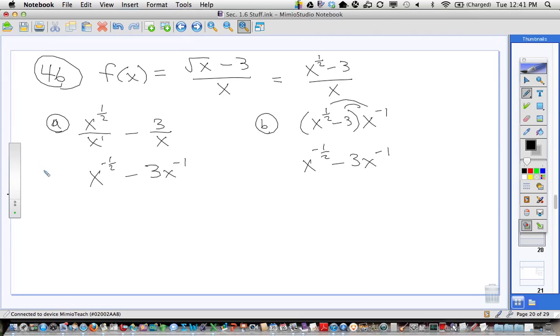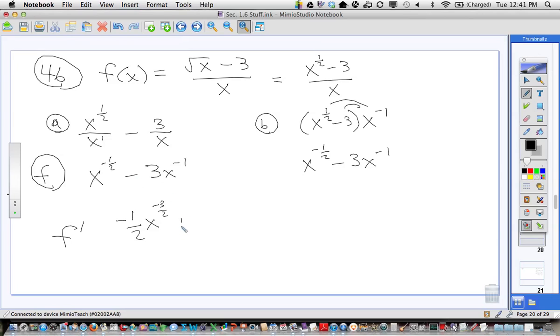Now remember, we haven't done a thing with this yet except algebra. We're still on the f function, right? Now we're ready to do the derivative. So we bring the -1/2 down in front. That'd be x to the -3/2. We should get used to using improper fractions without a calculator. If you want to use your calculator, double check some of these, that's fine.